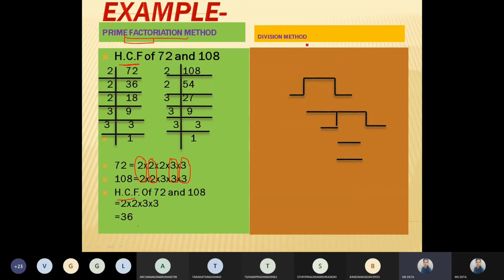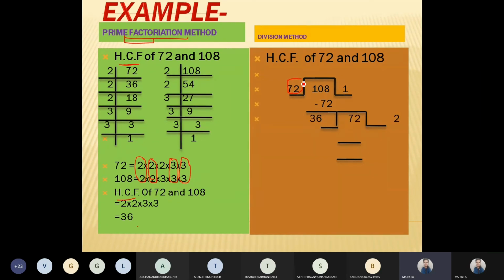Next is division method. To find out the HCF by division method, what we will do is place the greater number inside the division and the smaller number outside. 72 1s are 72. Now subtract and get the remainder. What is the remainder? 36.